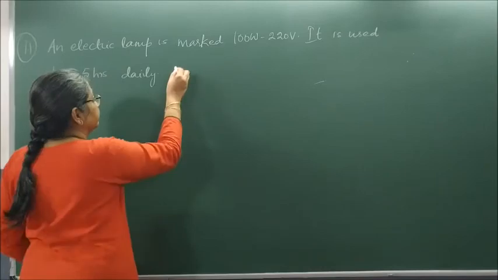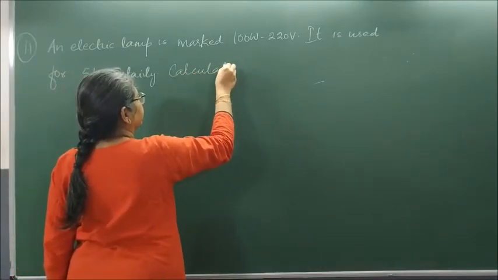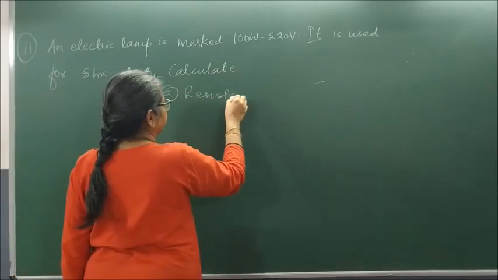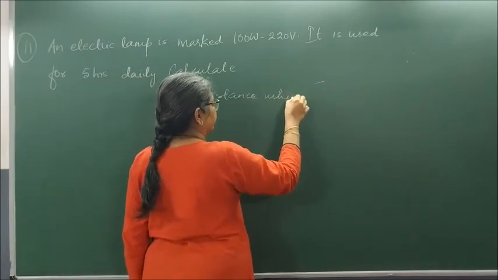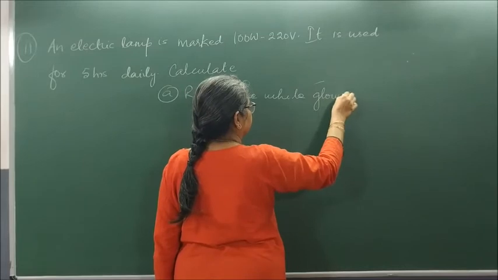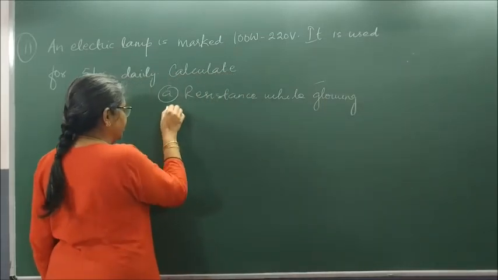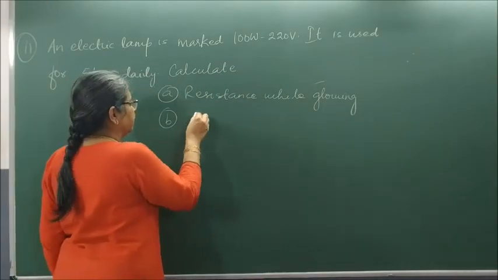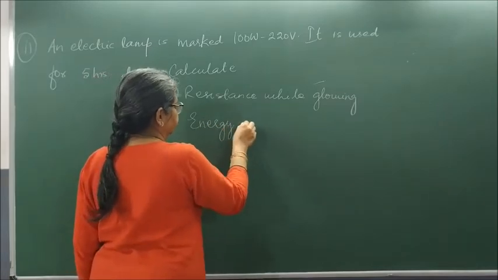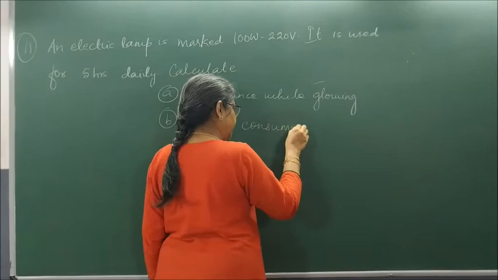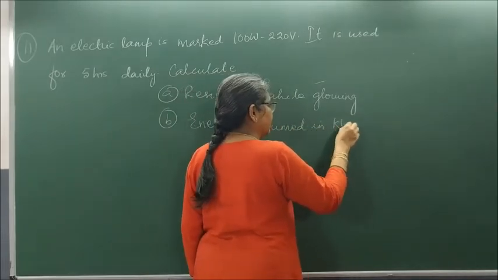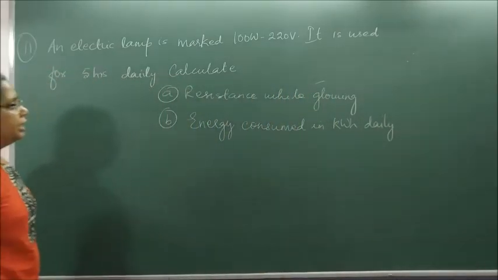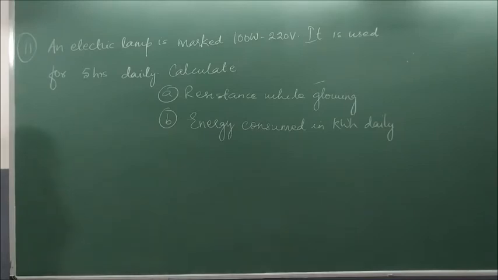Calculate (a) the resistance while glowing and (b) the energy consumed in kilowatt hours daily. This is the problem which we need to solve.